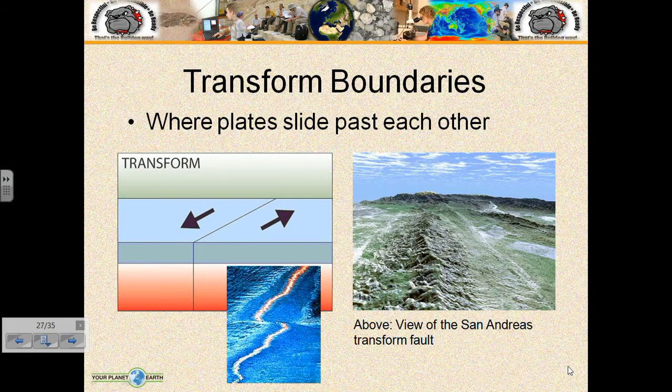Now, transform boundaries represent our third type of plate interaction. During transform boundaries, you have an interaction where the plates actually slide past one another. An example of that can be seen in the view of the San Andreas Transform Fault. Here you have the plate boundaries rubbing laterally across each other in terms of edges.